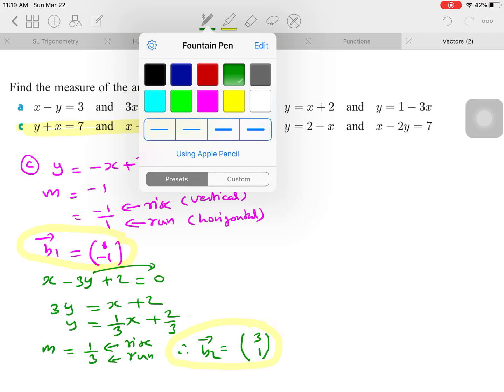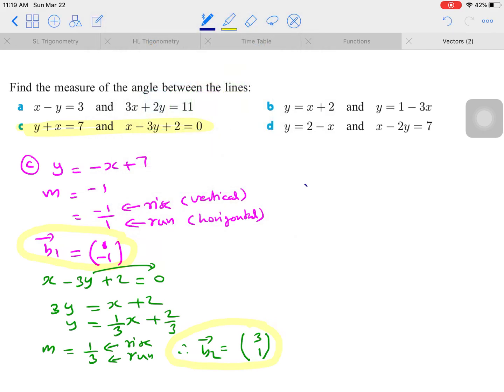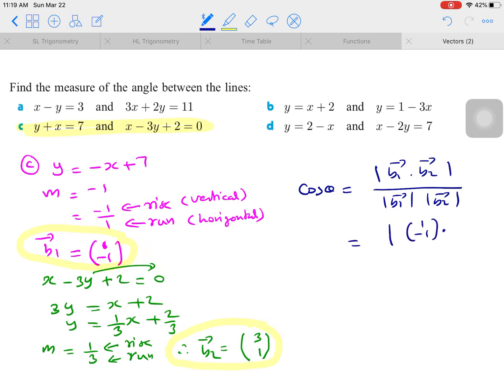So using them, we are going to calculate the angle between the two lines. Cos theta is equal to the absolute value of b1 dot b2 divided by modulus of b1 into modulus of b2. So absolute value of (1, minus 1) dot (3, 1) divided by modulus of b1, root of 1 square plus 1 square, into root of 3 square plus 1 square.